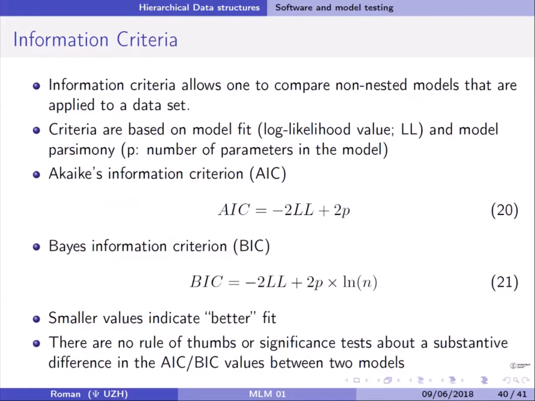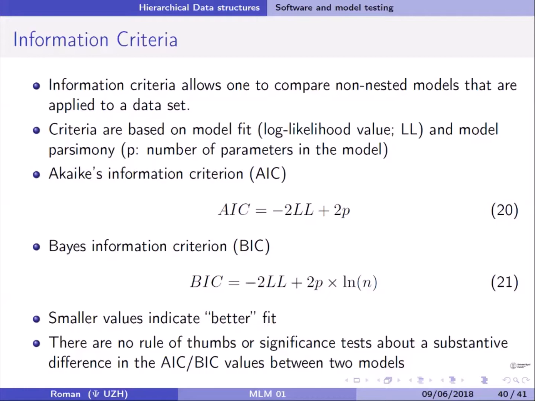Information criterion. The information criteria allow you to compare non-nested models that are applied to a data set. By all means, using the AIC, Akaike information criterion, and the Bayes information criterion, BIC, these are not as desirable as the log likelihood test, but they do allow us to compare models that are non-nested.